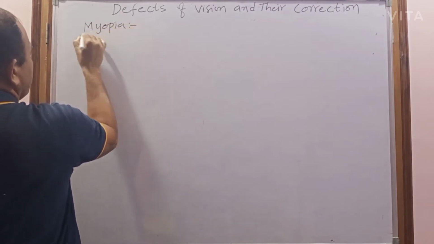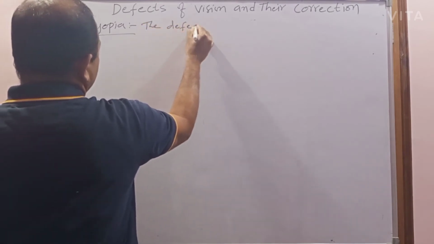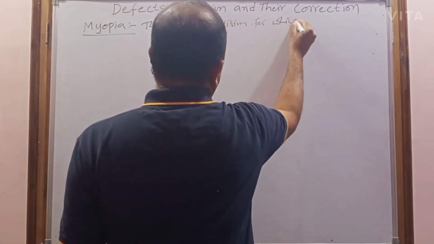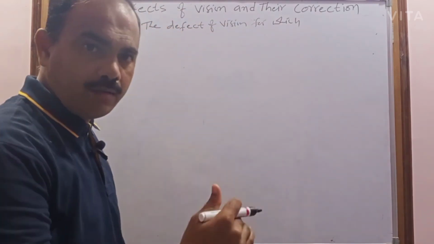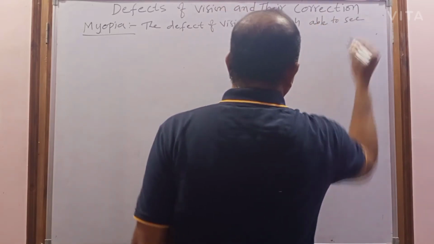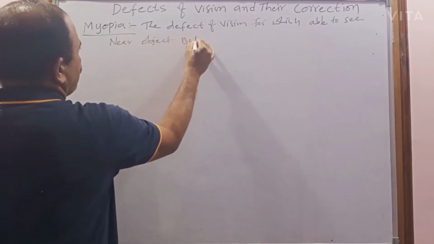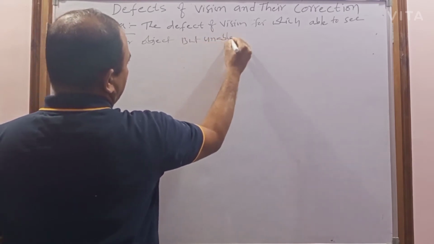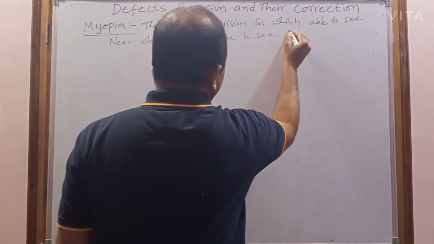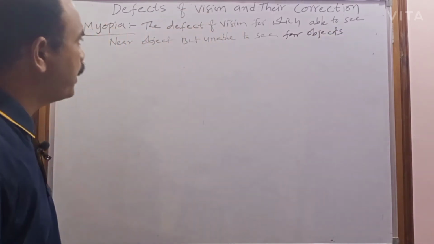Myopia is one type of defect of vision in which the person is able to see near objects but unable to see far objects. This type of defect of vision is called myopia.